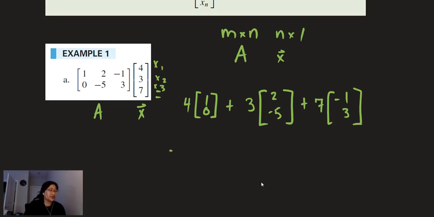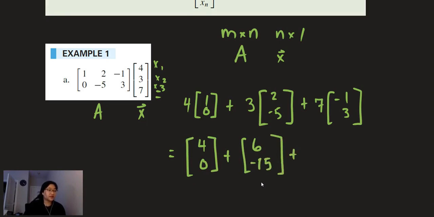And so when we get that, well, scalar multiplication works the way we think it will. So we get (4, 0), plus 3 times 2 is 6, and then -15, and -7, and 21. And then we can add up those corresponding entries. So we're just adding up our first entry.